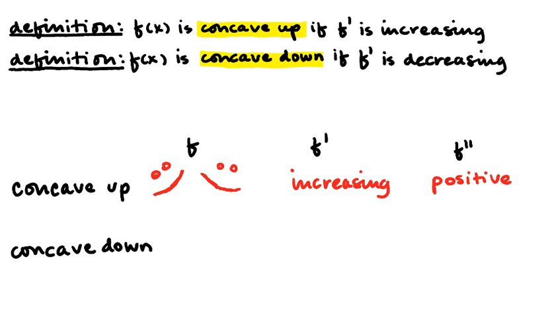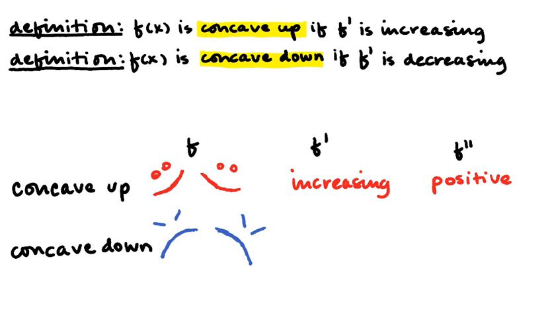Maybe the slope was starting positive, but the slope was decreasing. Or maybe the slope was negative, but decreasing, so getting more negative. And I might say that this graph is frowning.